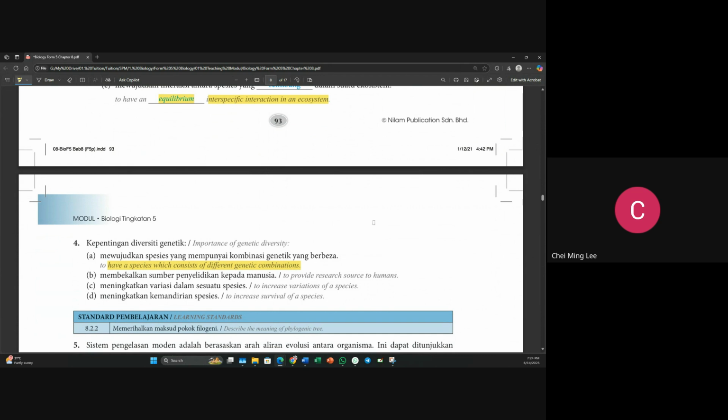Because from various combinations of genetics, it will help the species adapt to a new characteristic, and this adaptation is normally called evolving. It's actually a part of evolution. So this is to provide a research source to humans, increase the variation of the species, and increase the survival of a species.